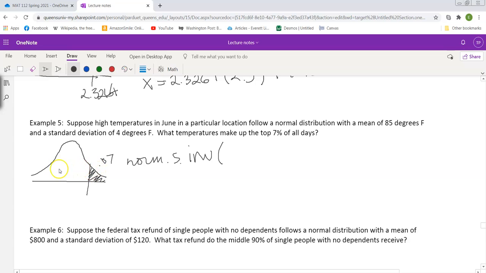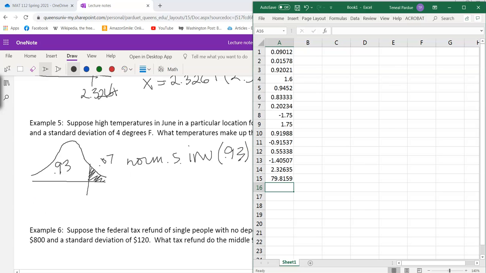If we typed in 0.07, that would give us 0.07 to the left, but we want 0.07 to the right, which means we have to look at 0.93 to the left. So we first find that value, and we get 1.4758.